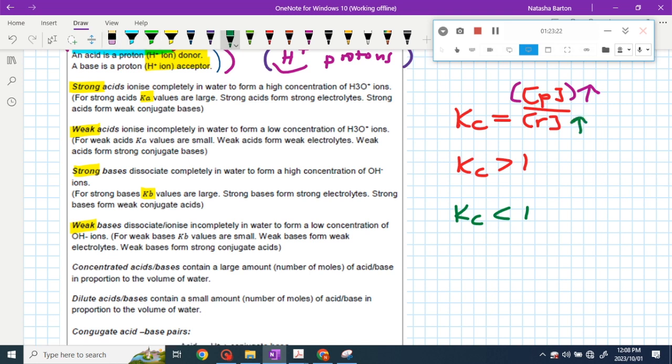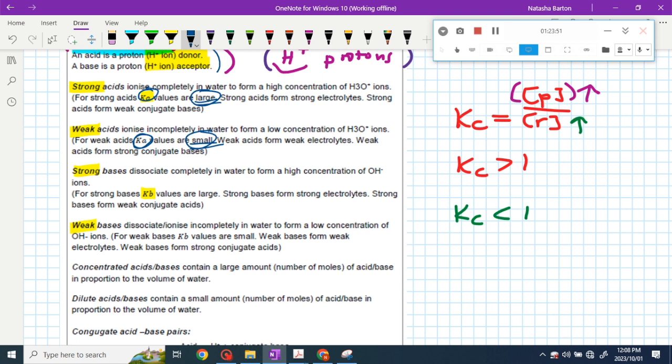It's exactly the same for acids and bases. The reason why we say certain acids are strong is because when we calculate the Kc or Ka value, we get a big number. We say certain acids are weak because when we calculate the Ka value, we get a small number, because the extent to which the ionization takes place would be small in this case and very large in this case.